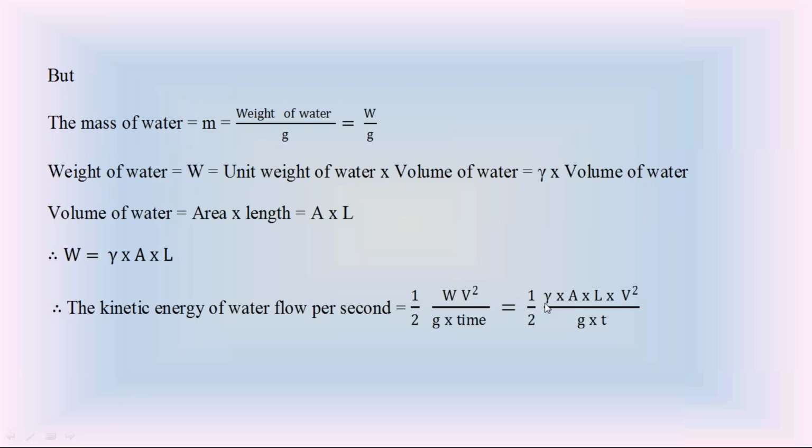The weight W is equal to gamma, that is unit weight, into area into length L. So the kinetic energy of water flow per second in the open channel, using the mean velocity of water flow, is equal to half into W, that is gamma into A into L, into V square divided by g into time T. T is the time.